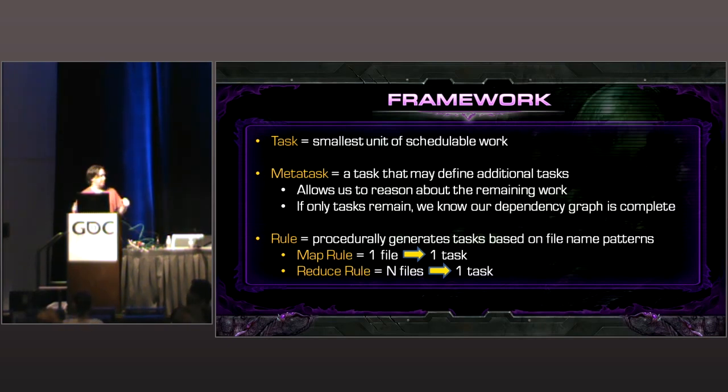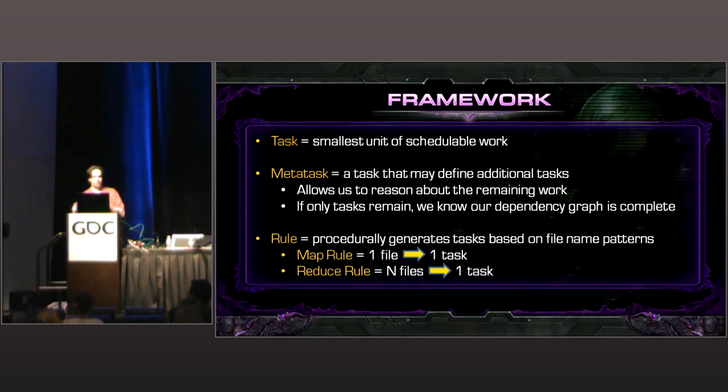So I'm not going to dive into rules too much, but it's very similar to make-style rules. There's a glob syntax for generating tasks based on file name matching. One interesting thing is map rules are evaluated anytime new tasks are created.